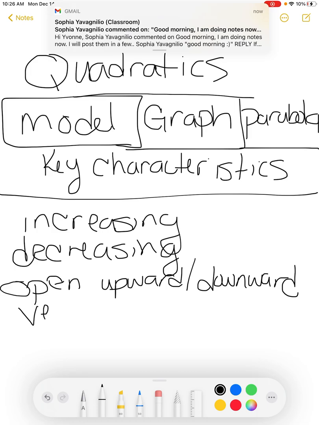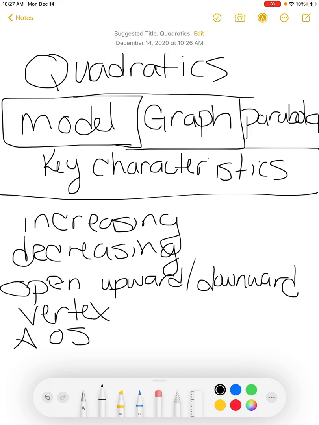We talked about the vertex, the axis of symmetry, the x-intercept(s). Sorry, I wanted to put the S in parentheses because sometimes there's one, there's two, and there's none. And we talked about the y-intercept.